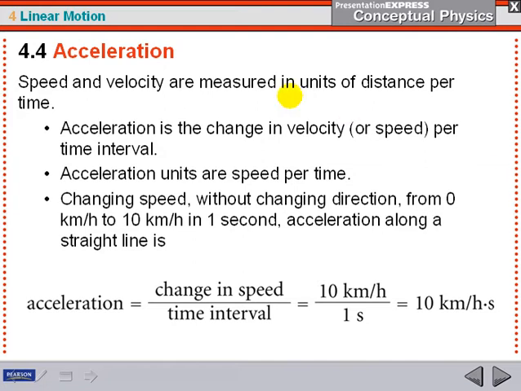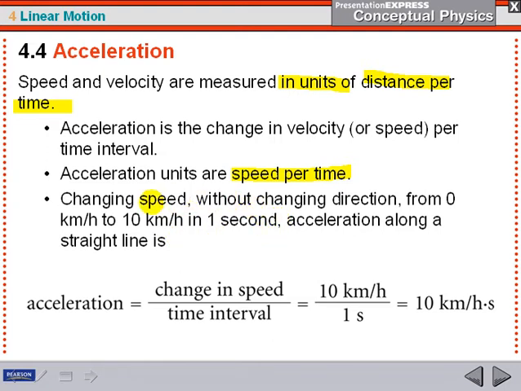So what are the units of speed and acceleration? Well, the units of speed and velocity are units of distance per units of time. So if acceleration is a change in velocity or speed per time, then the units are going to be speed per time. Let's look at this example.